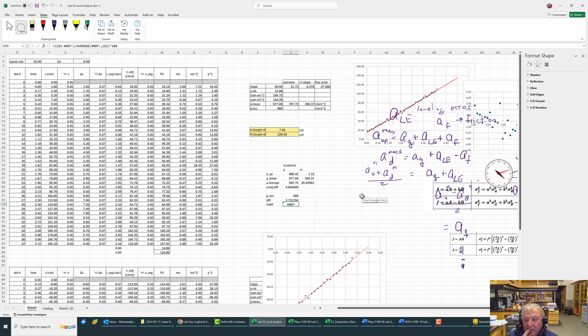Just the difference between them, 2.75. And then the percent difference equals this divided by the average of this, comma, accepted, enter, close, and then times 100.